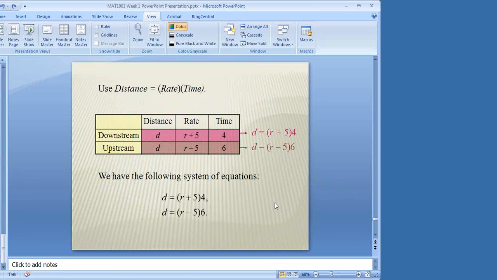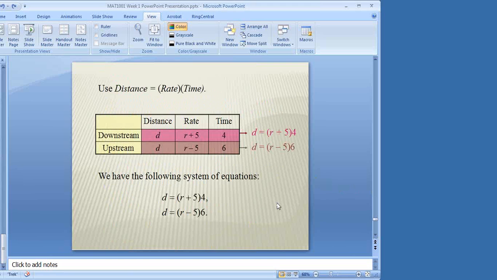Okay, I'm going to set it up like this. My distance doesn't matter, it's the same either way. But my rate downstream is faster, so R is the rate of the still water, so it's the rate plus 5, the current, and then upstream I'm fighting it, right? I'm going to go slower, so it's going to be the rate minus the speed of the current, R minus 5. The time is 4 and 6, we're told that.